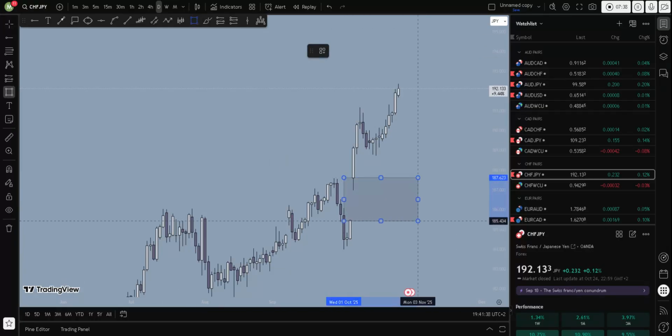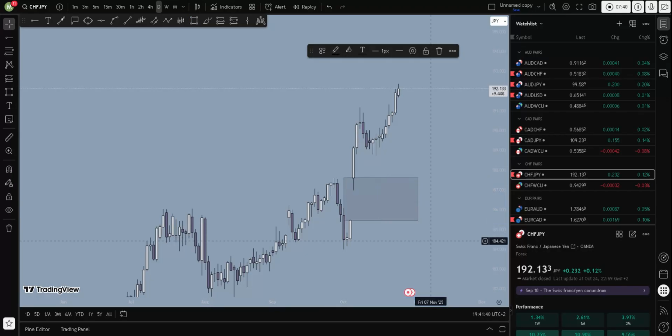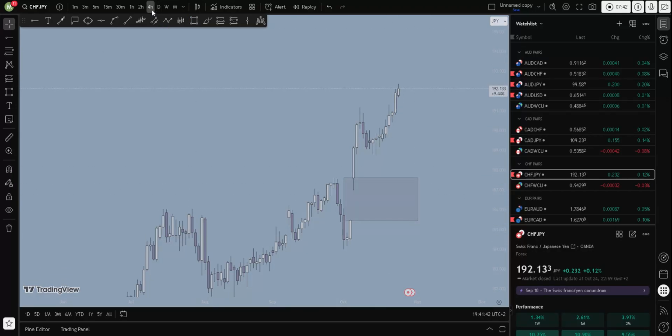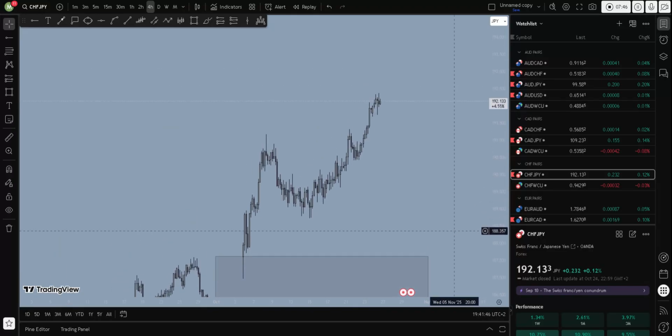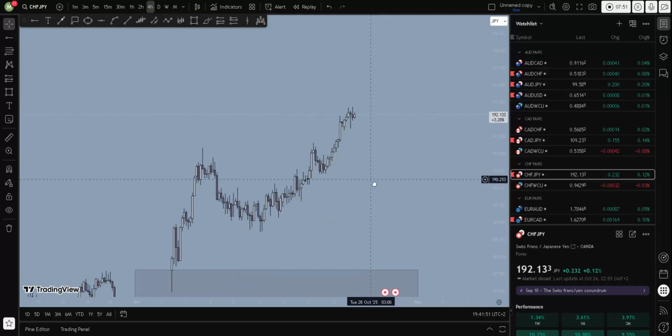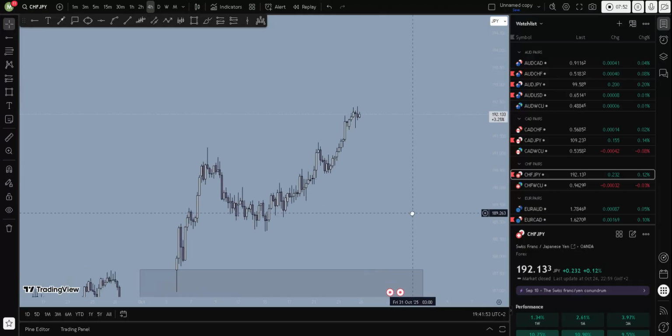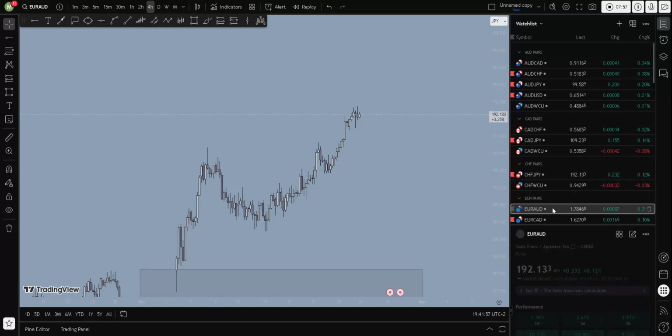Also, the gap has not filled yet. The structure, yeah, pretty basic bullish structure. Well, yeah, I'll just rather stay away because it's at the all-time high.